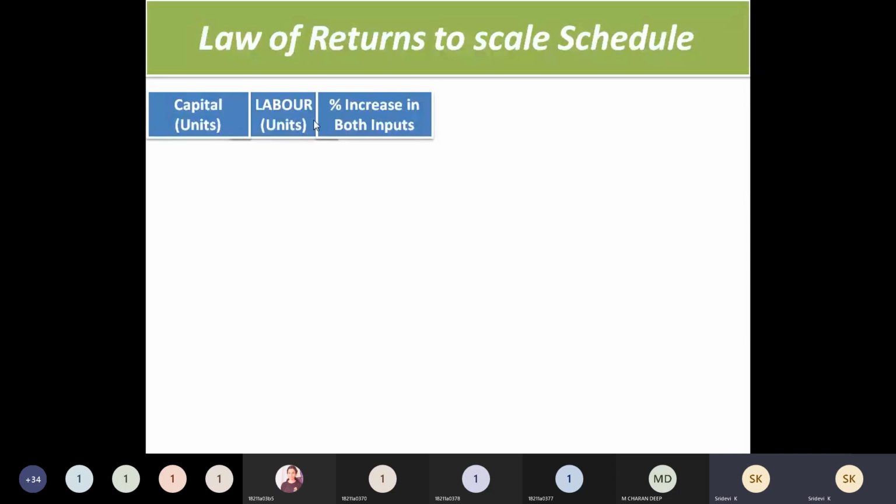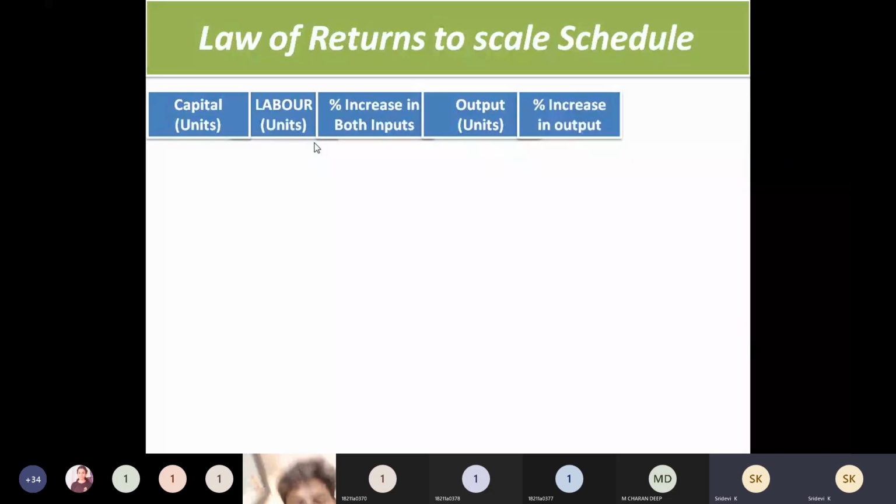So for that, both capital and labor that I have taken here, I am going to increase, and the output will be some quantity at those inputs. So that we are going to show in the output column. And what is the percentage change in the output that you have to calculate.